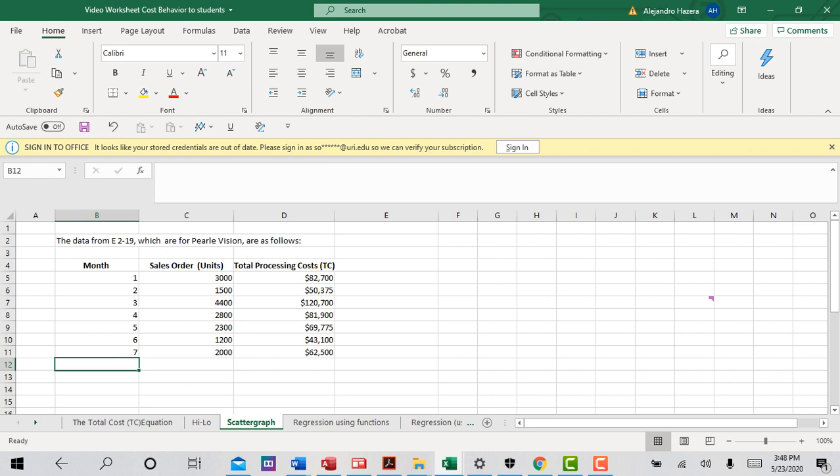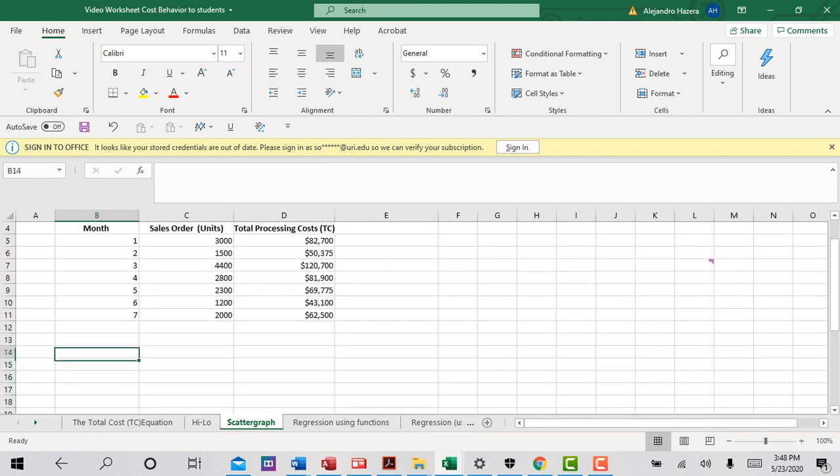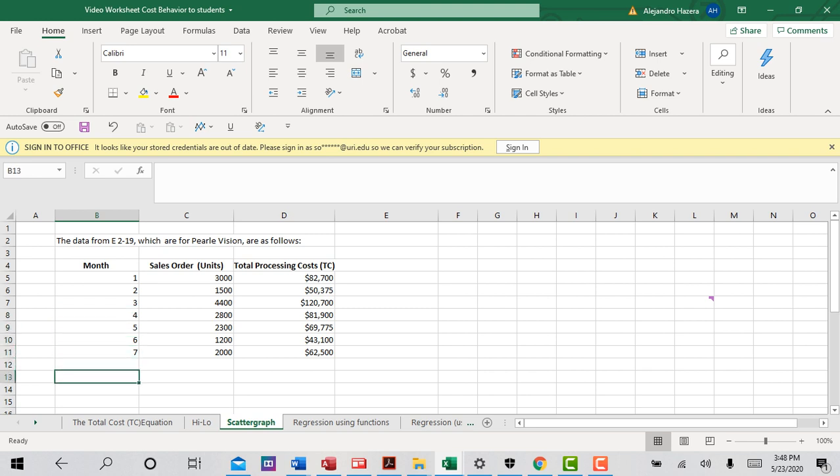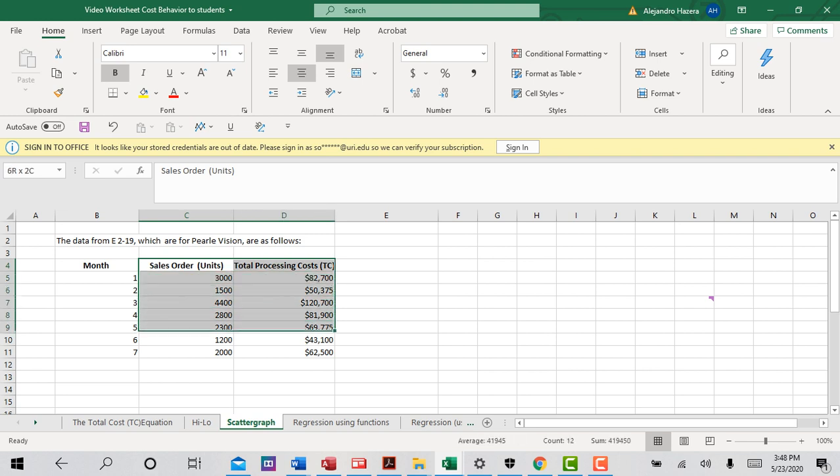We're going to look at the data and ask ourselves which of these data points is not representative of a linear pattern, and then we'll pull that value out, and then we'll do basically the high-low method without the outlier. Let's go ahead and see if we can build a scatter graph.